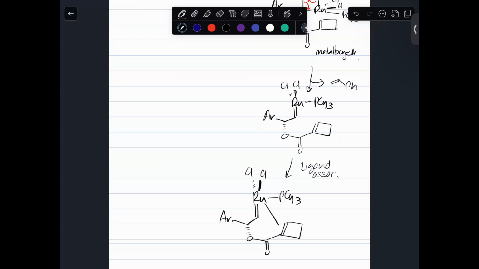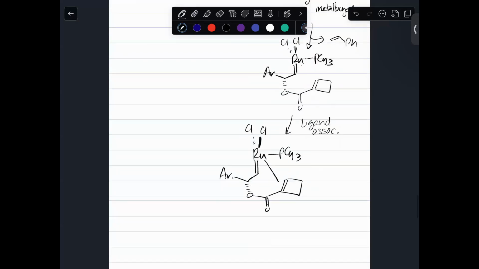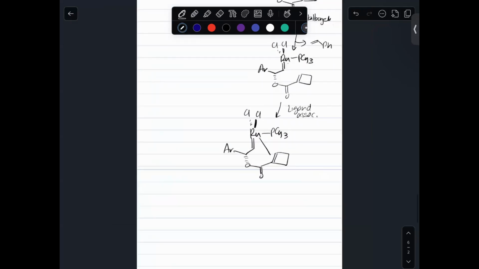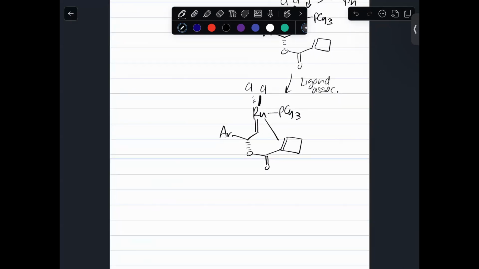There's my ligand association, followed by my pseudomigratory insertion. Let me see if I have room to go back up here. Let me give myself a little bit more room.